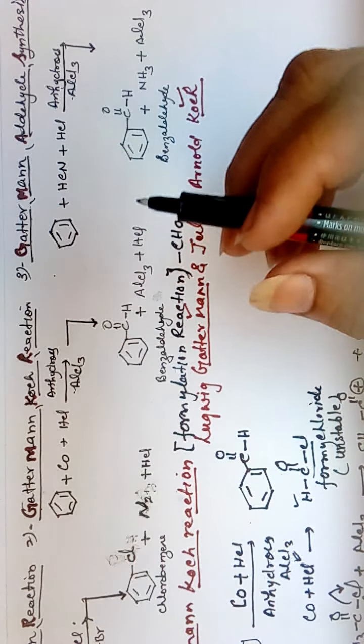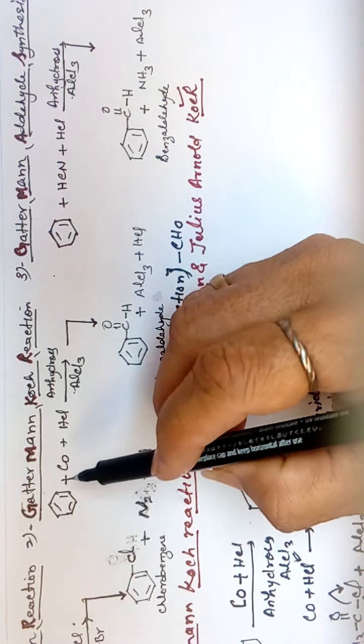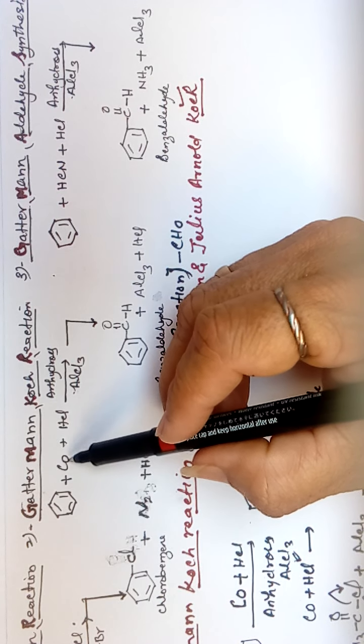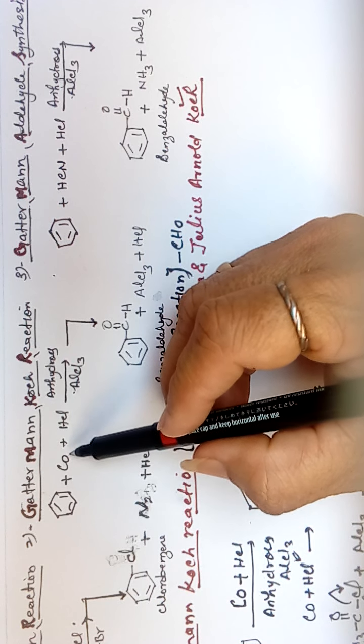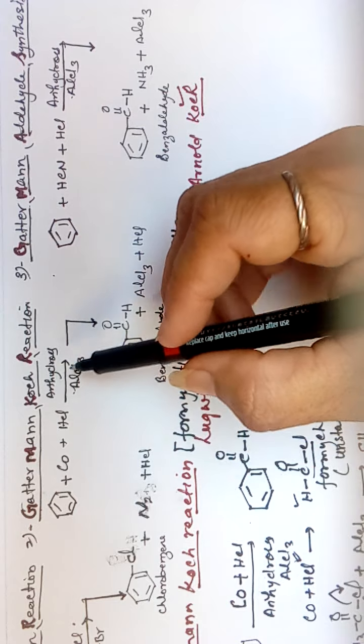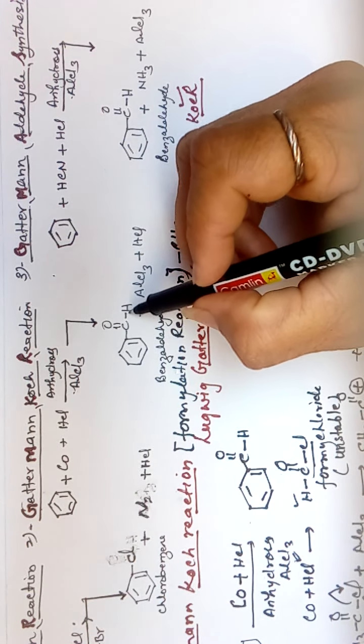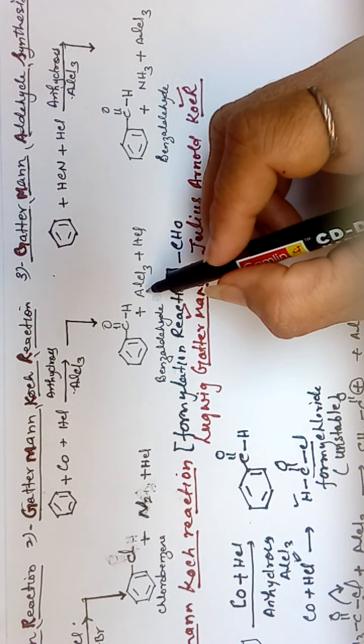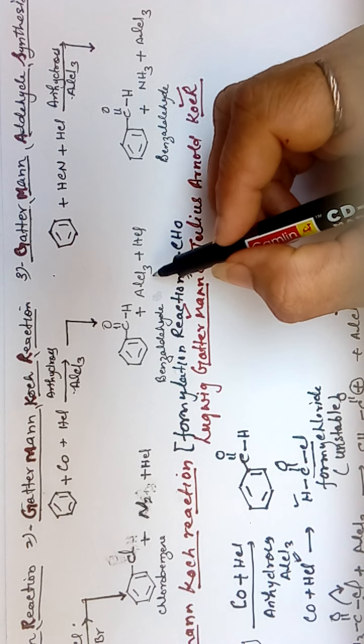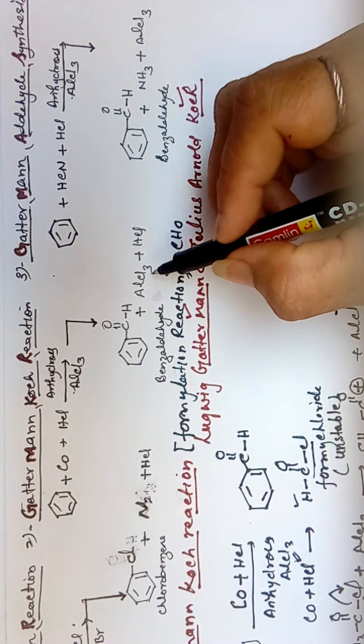Let's now see what happens in the Gattermann-Koch reaction. When benzene reacts with carbon monoxide and HCl in the presence of anhydrous aluminum trichloride, it forms benzaldehyde, and aluminum trichloride is regenerated as a catalyst.